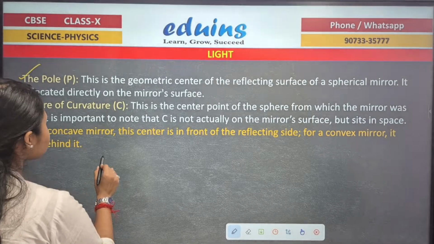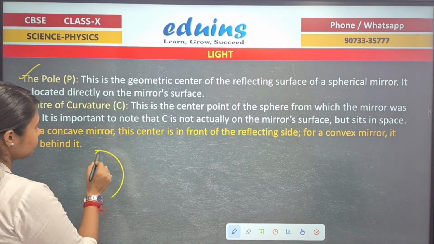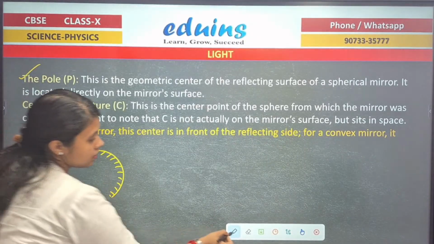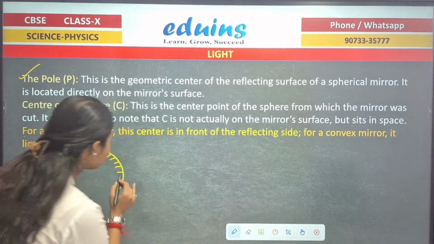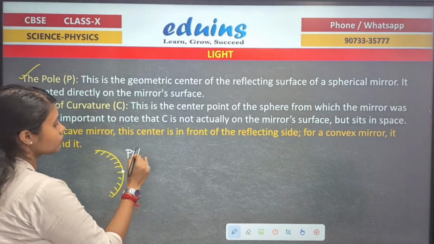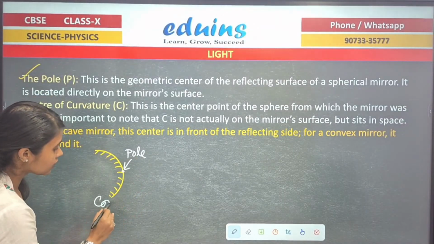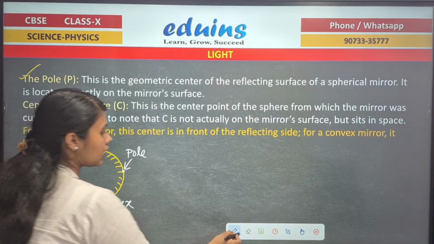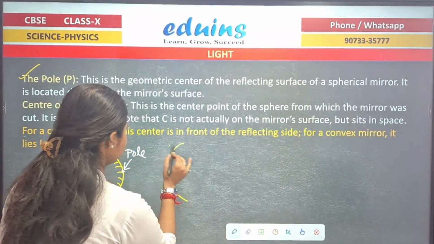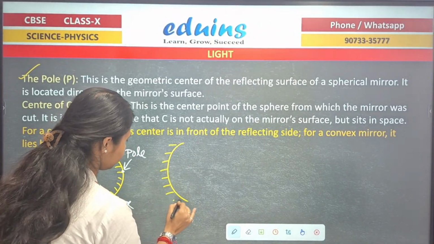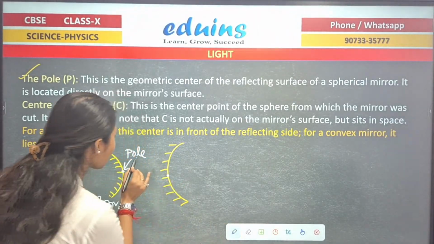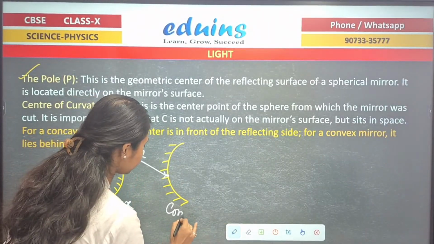So, for the convex mirror, the geometrical center lies on the mirror. This is the pole for the convex mirror, and this is the pole of the concave mirror.